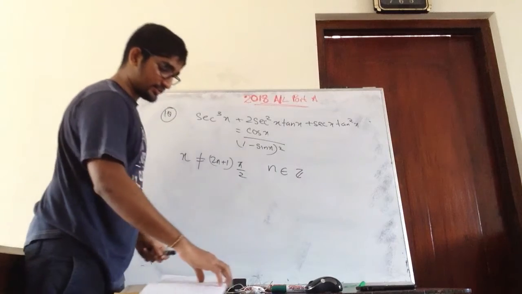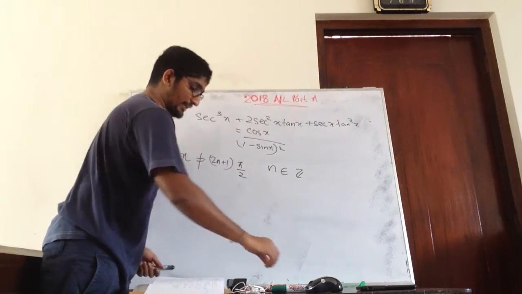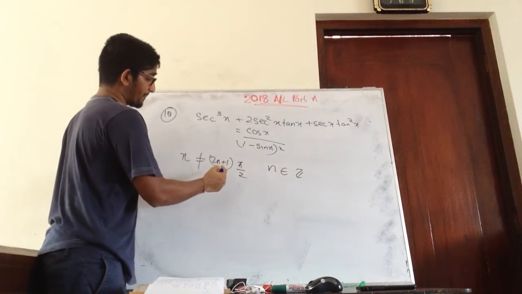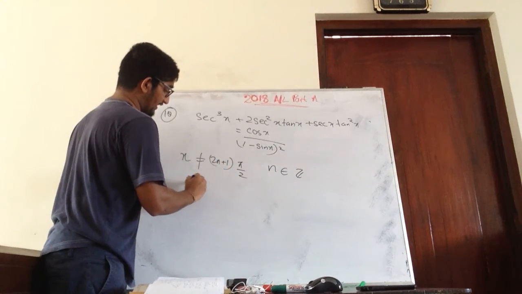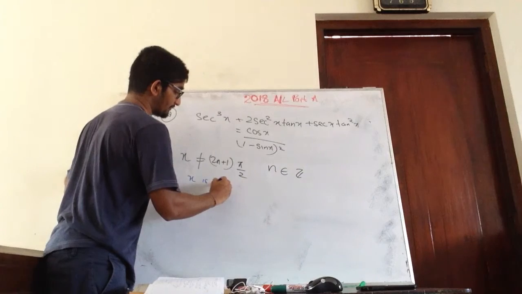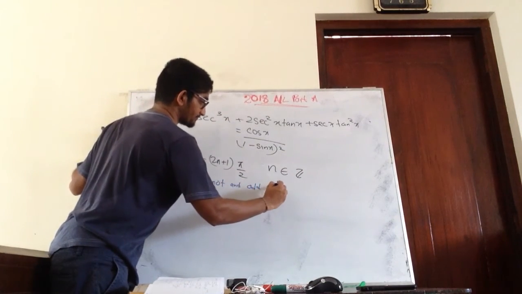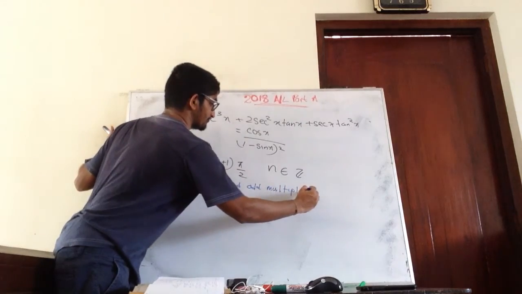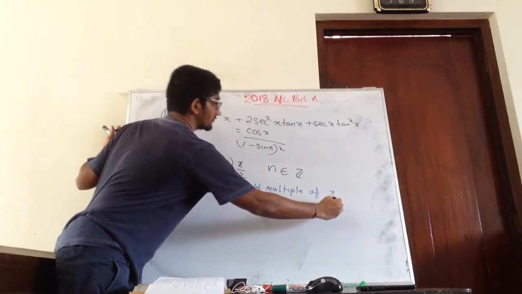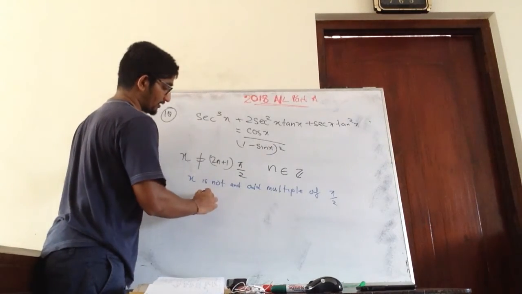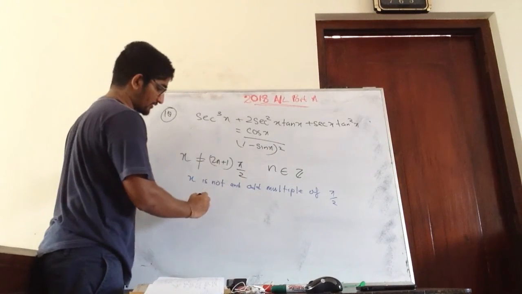So what we learn here is that x is not an odd multiple of pi over 2. This will be needed for the rest of the sum.